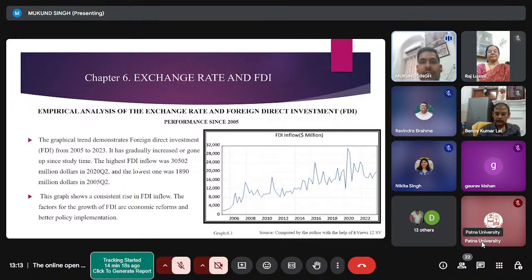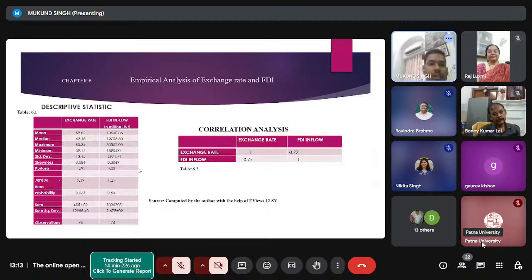Last one, exchange rate and FDI. This study is based on 76 observations, and the mean of the FDI inflow during the study is 13.60 billion US dollar, and correlation is positive and strong.